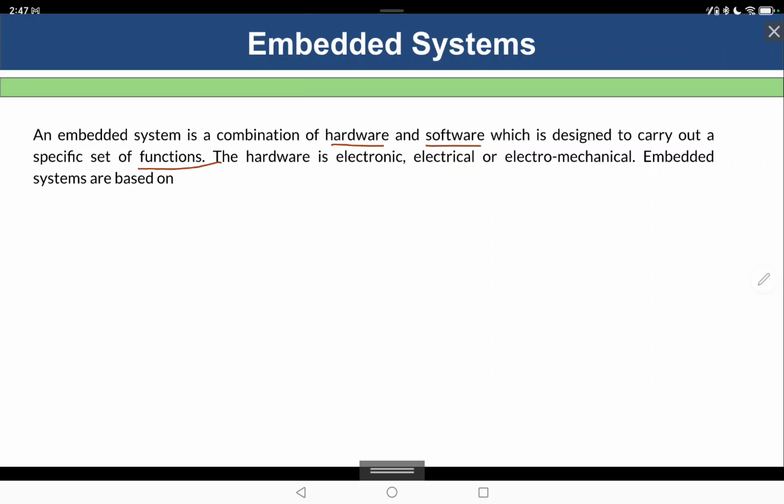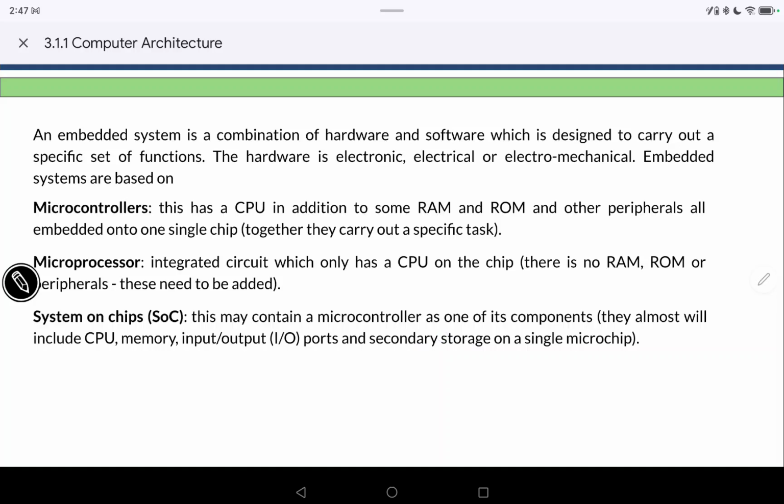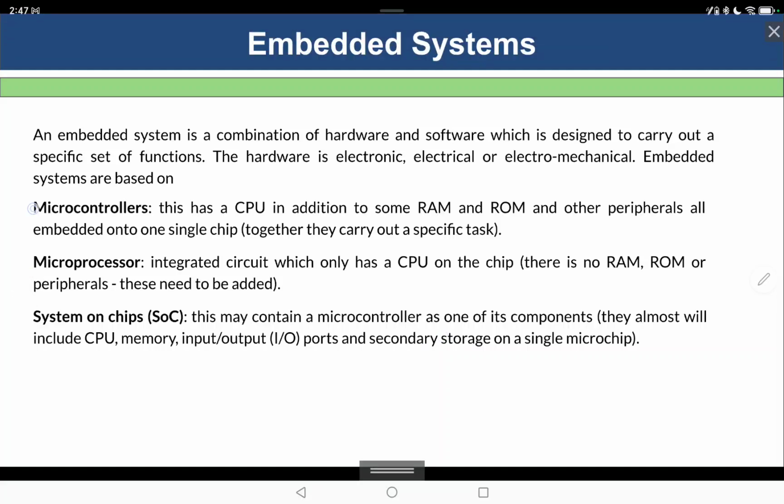And we say that this hardware can either be electrical or electromechanical. Now, embedded systems are based on these 3 items, meaning that an embedded system would have either of these items. Now, let's look at the microcontroller.